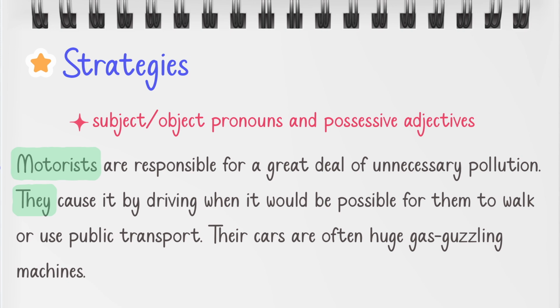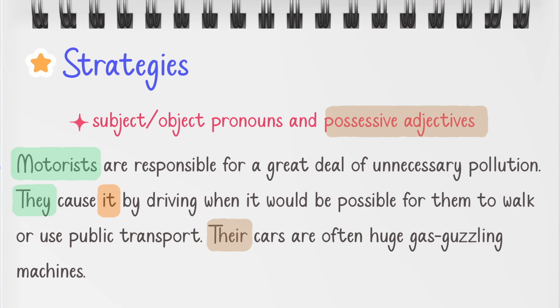They cause it, and this it refers to pollution. They cause it by driving when it would be possible for them to walk or use public transport. Their, and this is a possessive adjective, their cars are often huge gas guzzling machines. So as you can see, this is one way of avoiding repeating the words.